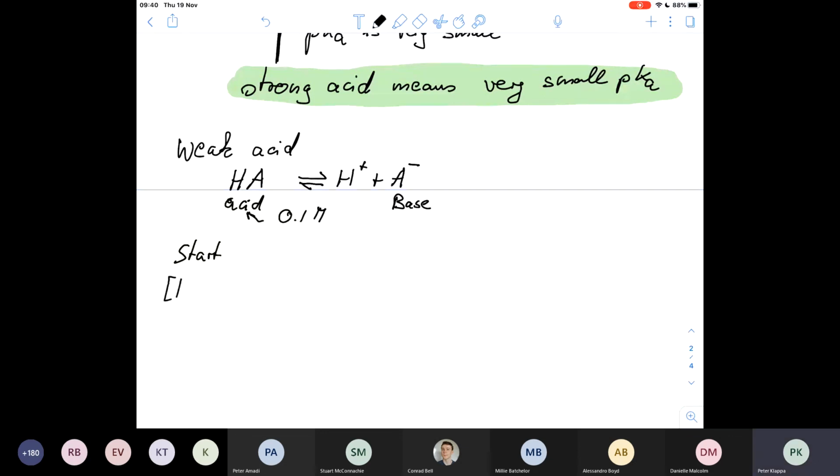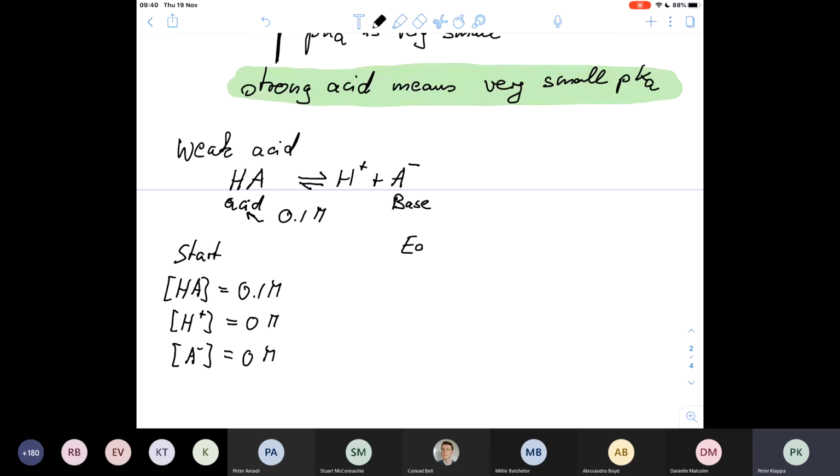So at the start we have HA equals 0.1 molar, and H plus and A minus at the start are both 0 molar, because we are right at the start.